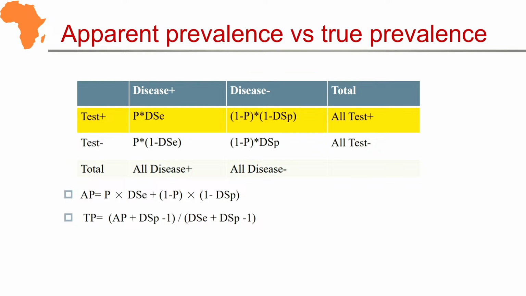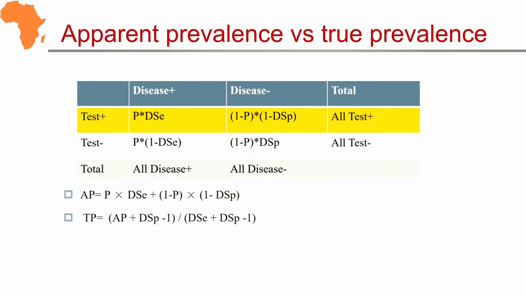So, what pattern are you seeing? We are using prevalence for disease positive, and the disease negative is 1 minus prevalence. Make sense? Because prevalence is probability of disease positive. So 1 minus probability of disease positive, potentially those who missed the infection, right? But then we multiply it by 1 minus specificity.